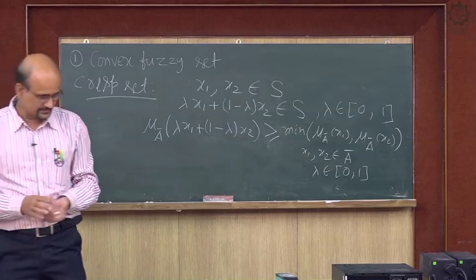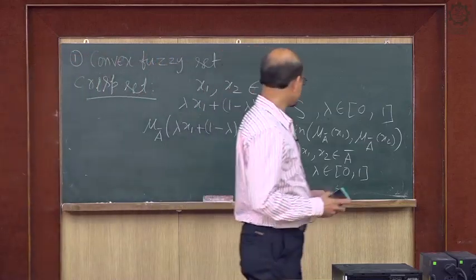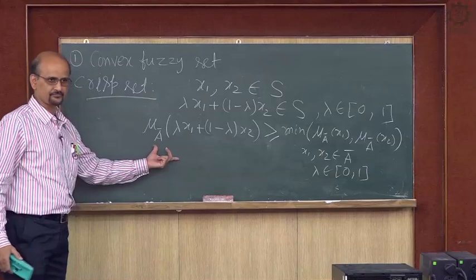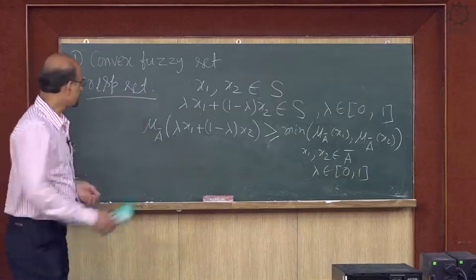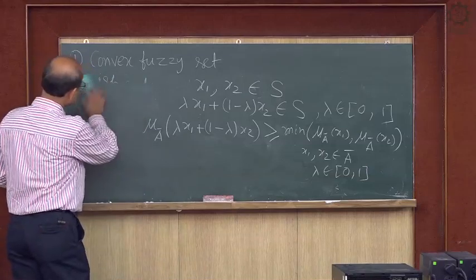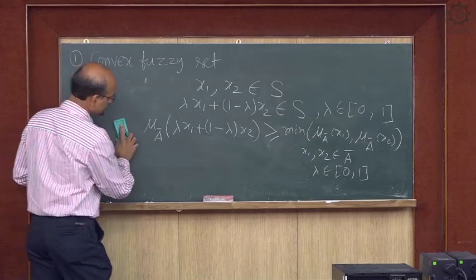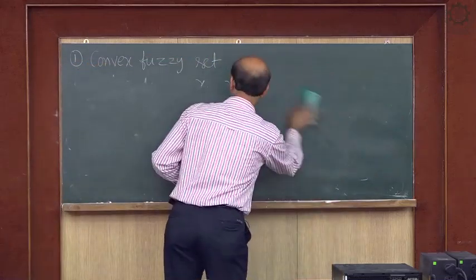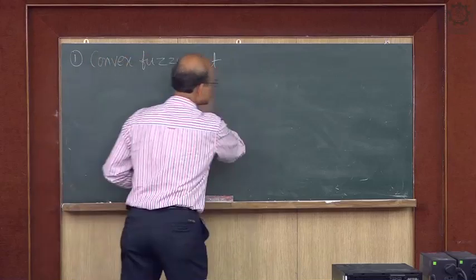Okay. Now, let us see geometrically what is happening, then it will be more clear. Okay. This is the definition. Okay. Clear? Now, let us come to how it is happening geometrically. Remember this. So, for convexity of a fuzzy set, suppose I have a fuzzy set like this.